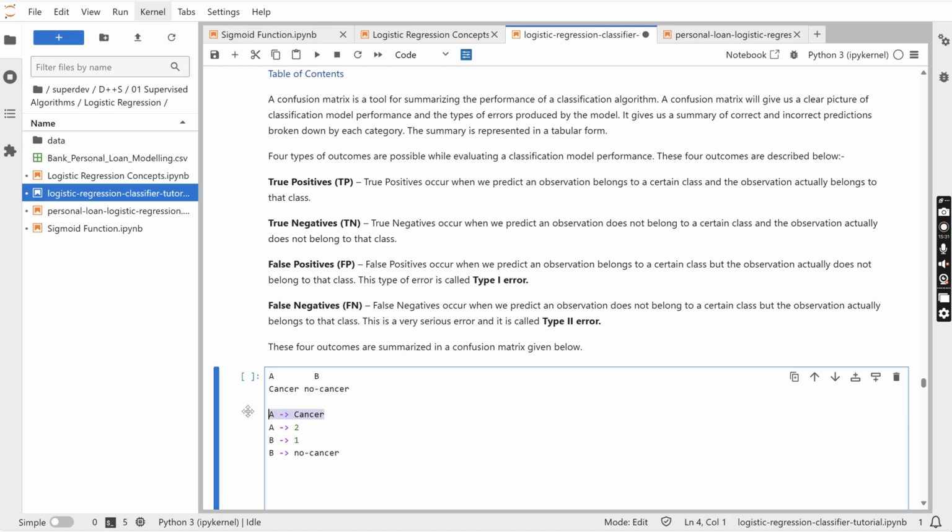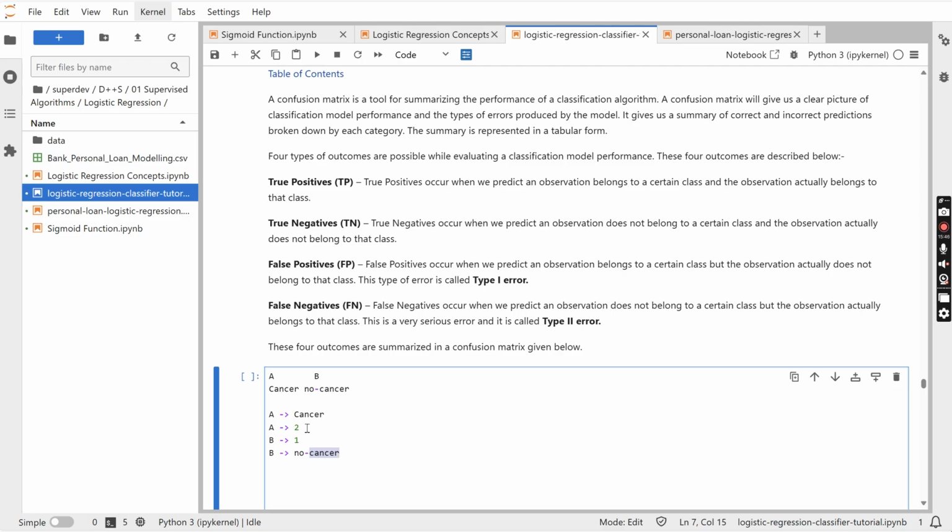This is true positive, and this is true negative. Basically, one patient has cancer and another patient doesn't have cancer, and both the positive case and the negative case are correctly identified. These are true positive and true negative.